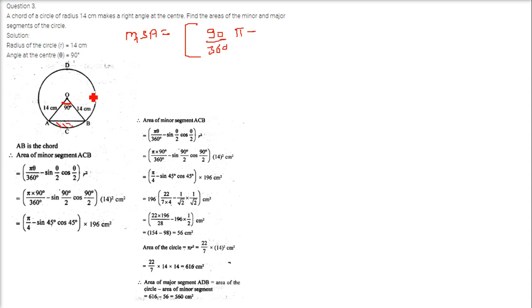So 90 by 360 into pi, minus sine 90 by 2, that is sine 45, which is 1 by root 2, and cos 45 is also 1 by root 2. And then we have r square, 14 square.